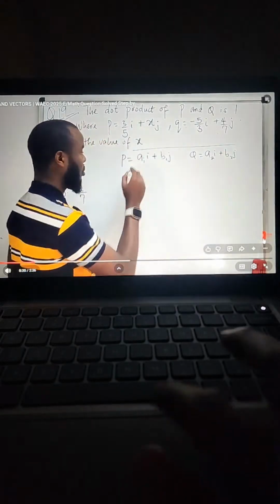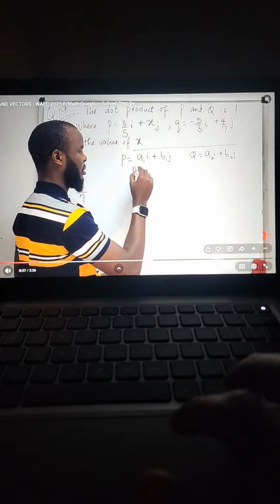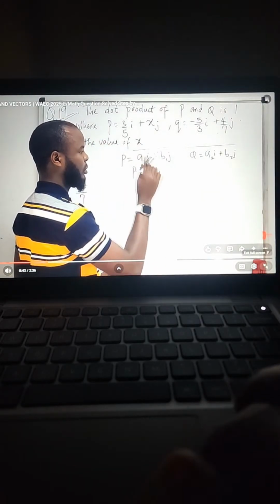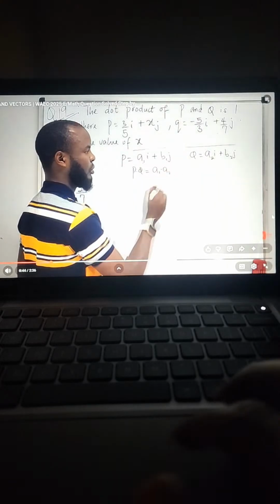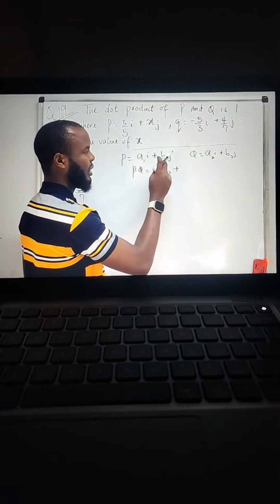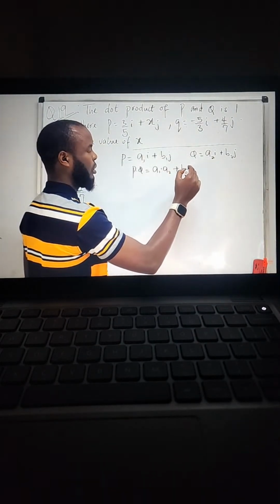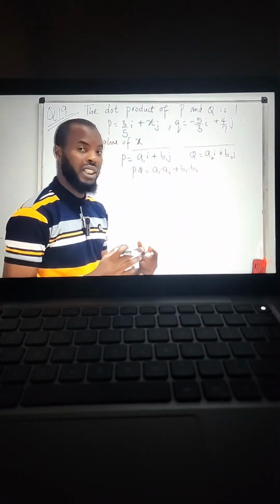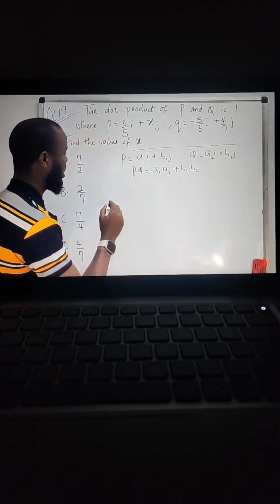If you want to find the dot product of these two terms, just multiply A1 by A2, because they are both having the same thing. So multiply the coefficients, here B1 multiplied by B2. You multiply the corresponding coefficients together. That's it. Now let's use the same approach.